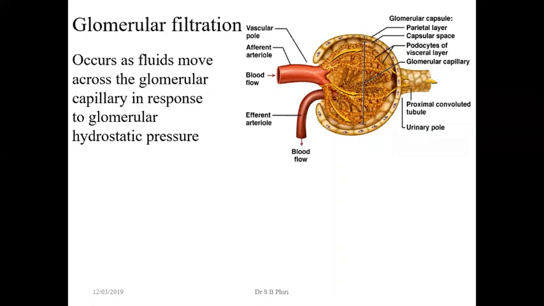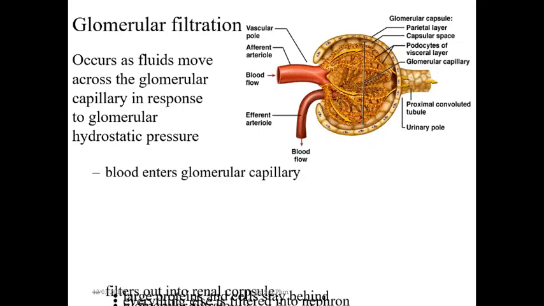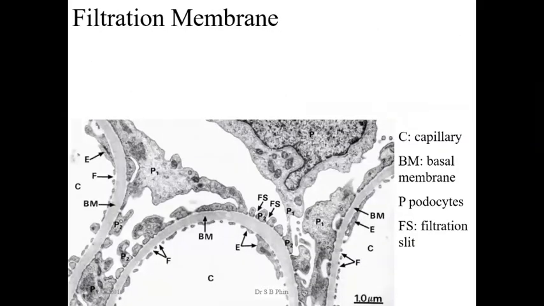So I think the last thing that I want to discuss with you are the forces that are facilitating filtration. So I'll quickly go there. But before we discuss the forces involved in filtration, there is a filtration membrane. So this is the glomerular capillary, and I've told you this membrane is composed of three things.